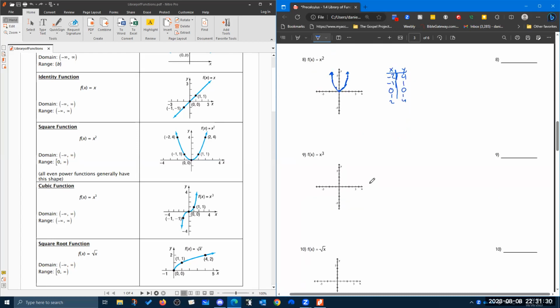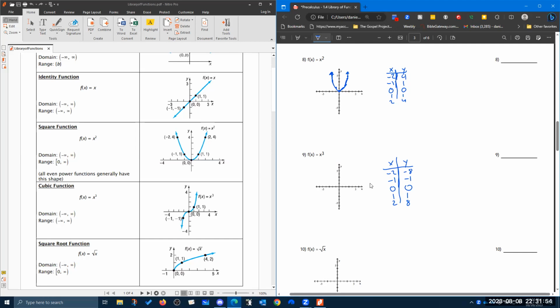Now let's try y equals x cubed. Its characteristic points are going to be 0, 0, 1, 1, 2, 8, -1, -1, and -2, -8. See if we can get all of those here.